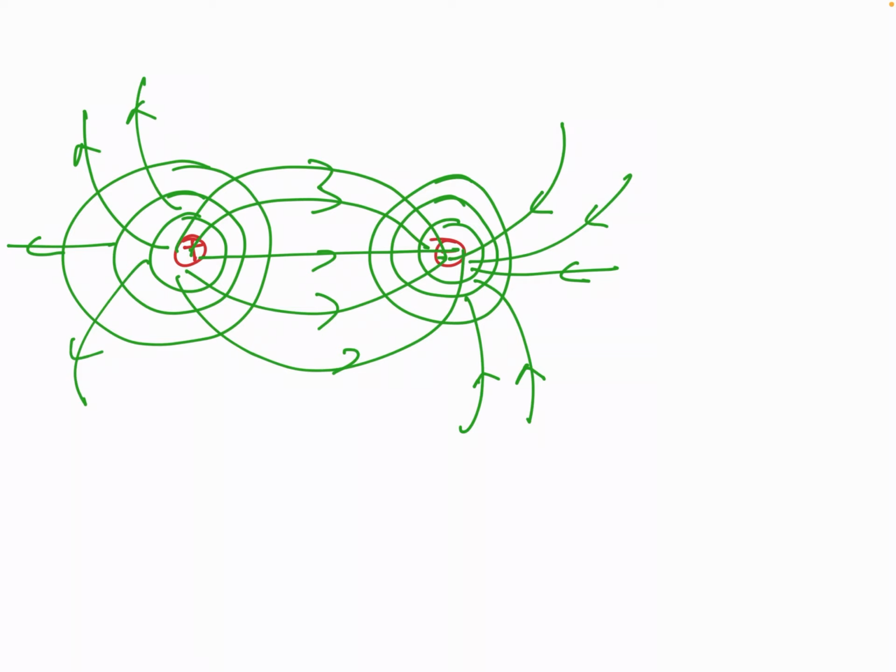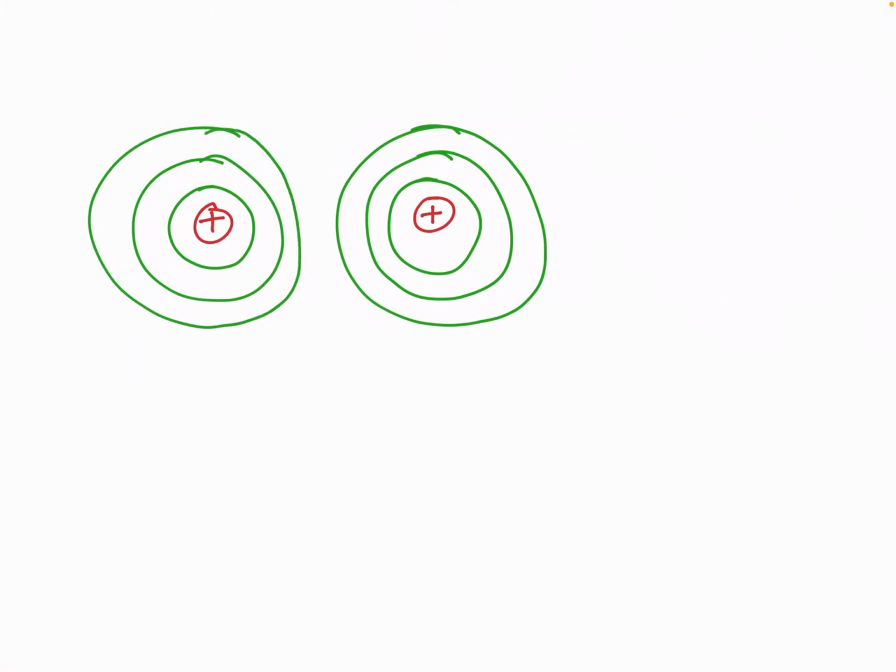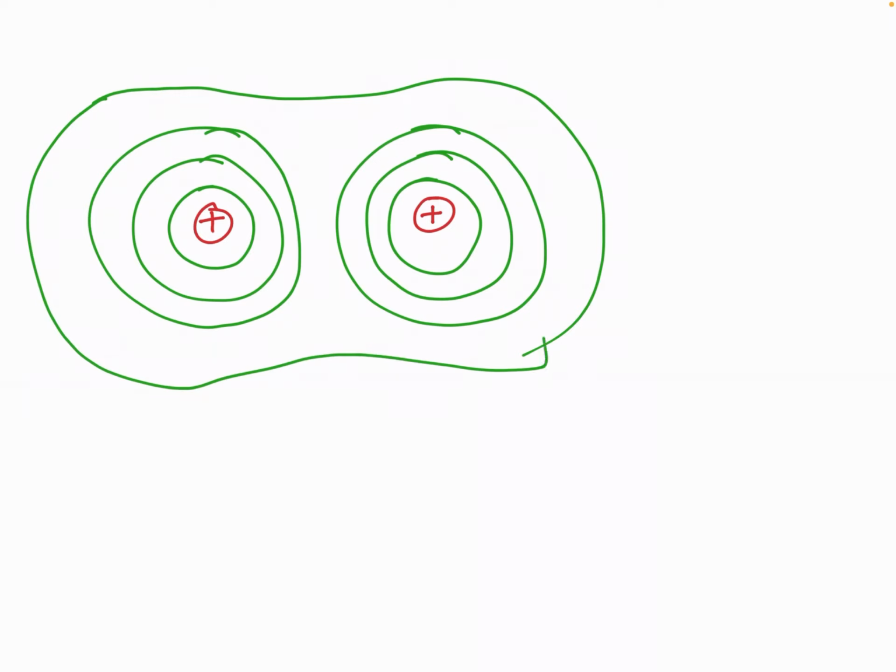Then we will draw the equipotential surface due to two positive charges. These will be circular, right? Try to make them circular.